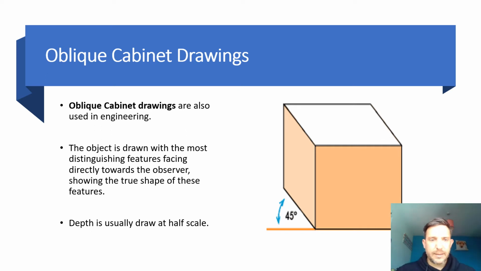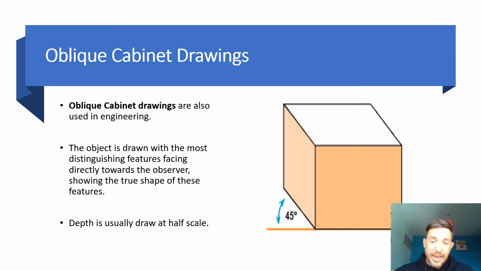So our next technique is oblique. Now, oblique has a couple of different variants, and the first one that we're going to look at is oblique cabinet. So oblique cabinet is quite widely used in engineering.